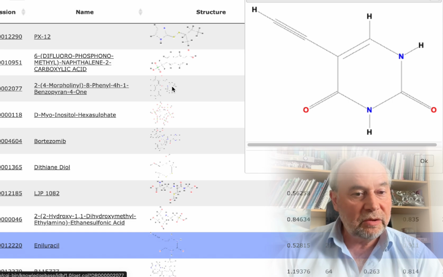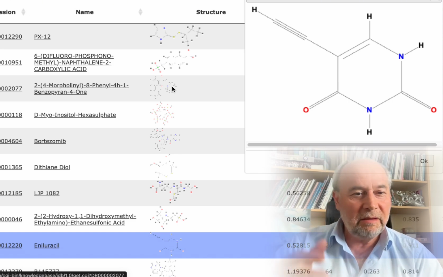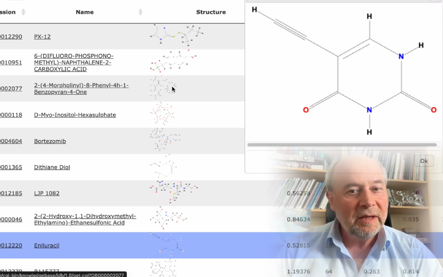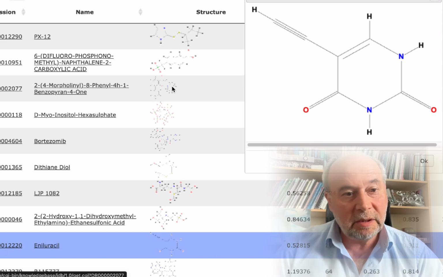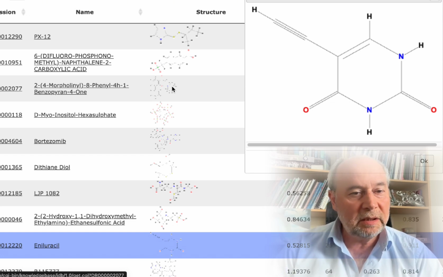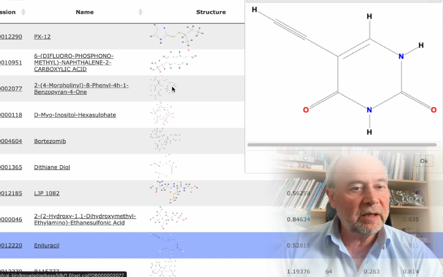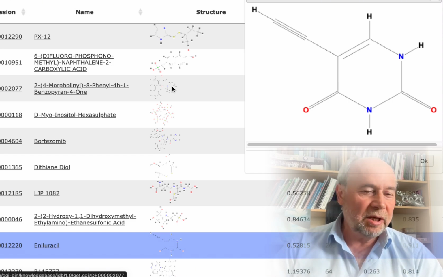Actually, this new drug was even higher in our ranking than Uracil itself, although, at least in our computations, it has a higher predicted toxicity. But it ranked higher, which again supports that our predictions are really true.